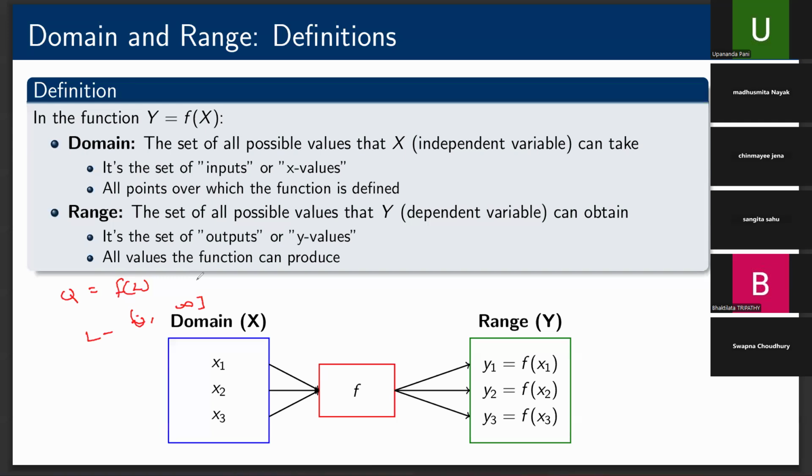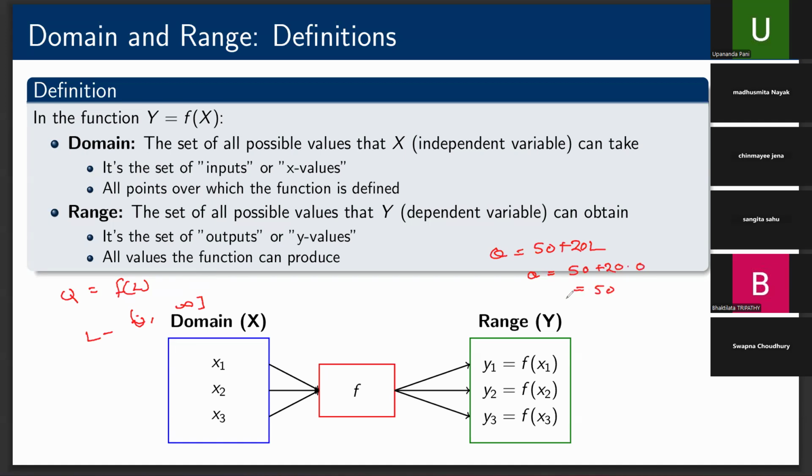So what is the range? If we put any positive value into the function, we get all the possible values of Q. If the functional notation is Q equal to 50 plus 20L, L can take a minimum value of 0. What is the minimum value of Q? 50 plus 20 into 0, that is equal to 50.